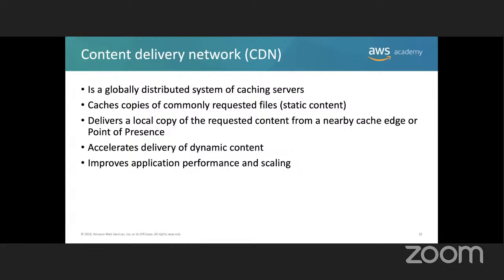It uses discrete data centers to cache the information closest to the users, right? That's what it does. It caches copies of commonly requested files, static content, and it will deliver that copy from a nearby cache edge or point of presence.